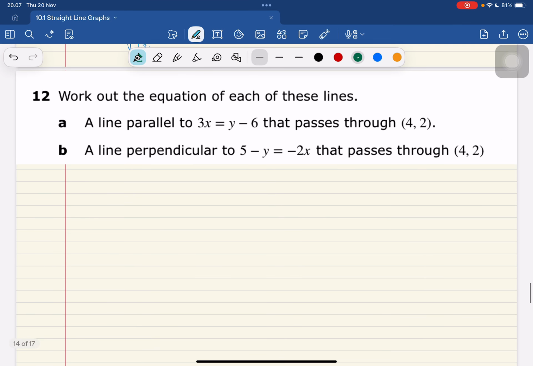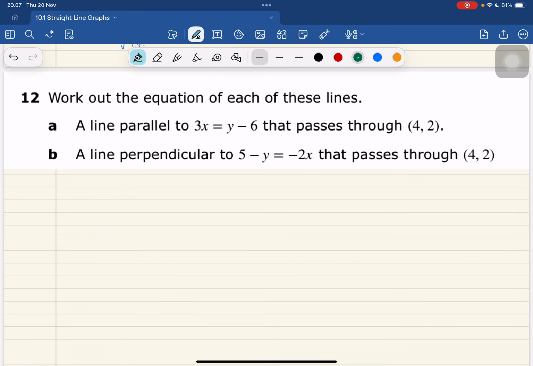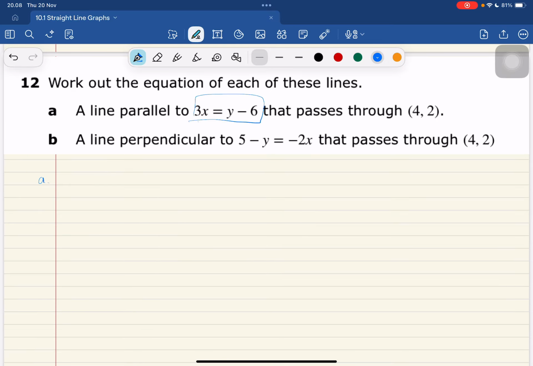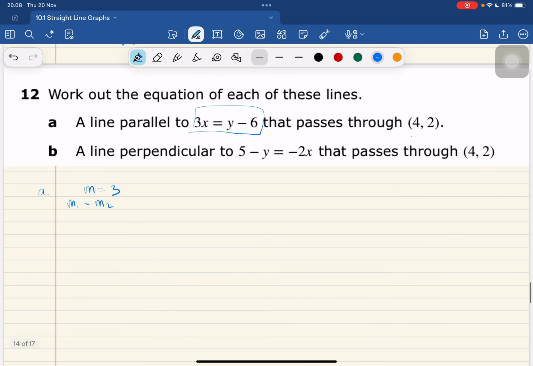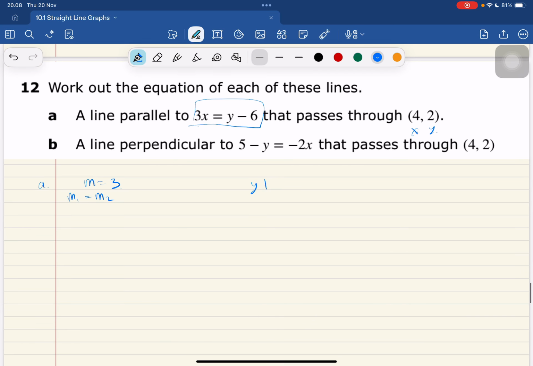Next, question 12. Work out the equation of each of these lines. A line parallel to the first: let us find the gradient. The first gradient is equal to 3. If they are parallel, the first and second gradients are equal. We have x equals 4 and y equals 2. The formula is y equals mx plus c.